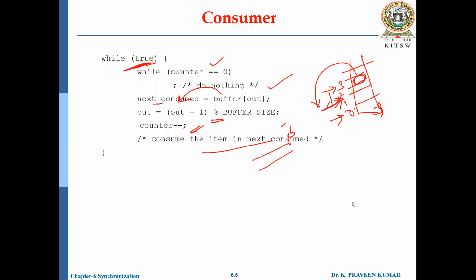So this shows you the synchronization or communication between producer and consumer. If the consumer consumes, then only the producer has to produce, right?